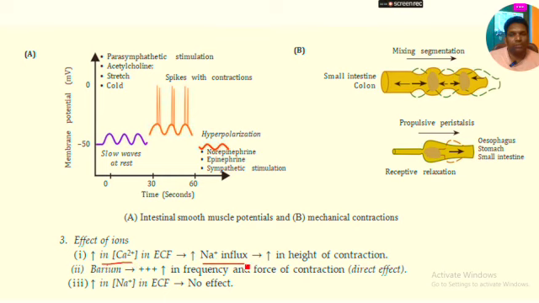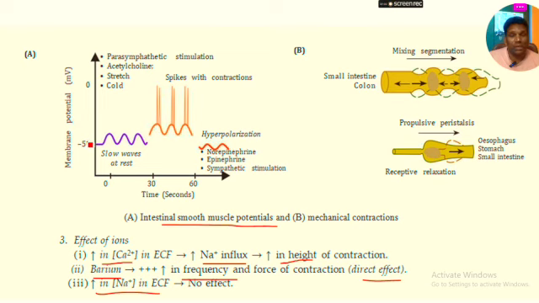So intestinal smooth muscle potentials: I didn't talk about the intestine in particular, but I mentioned they do have pacemakers, and they produce pacemaker activity. There are three types of potential: slow waves at rest, and spikes with contractions.